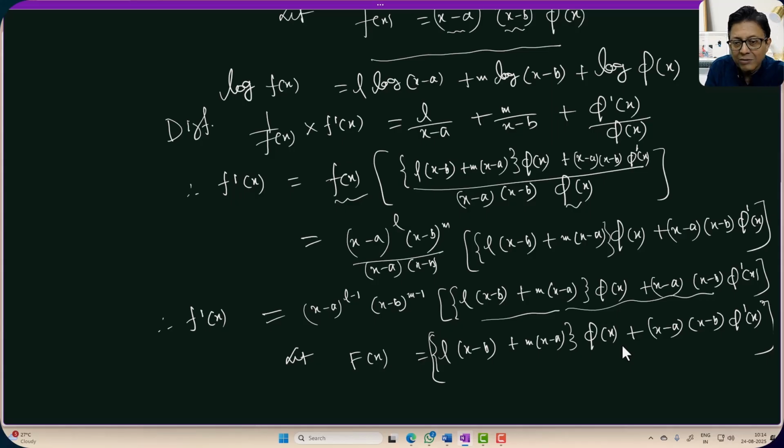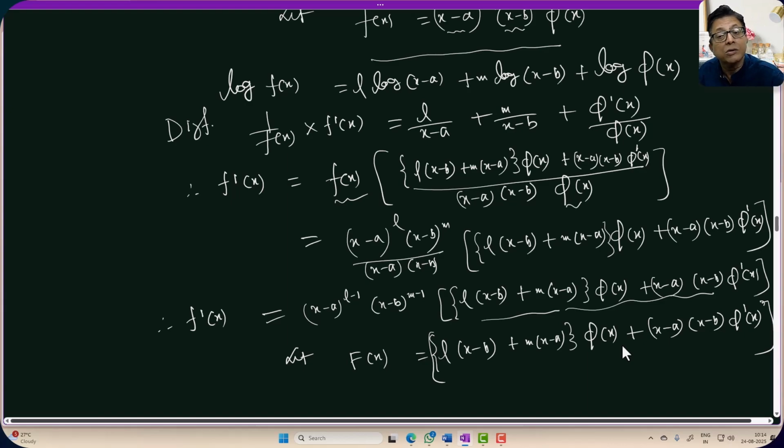Am I correct? Obviously, this is not going to be equal to 0. We are going to consider the root of f dash x, or root of fx, because these are roots of fx.